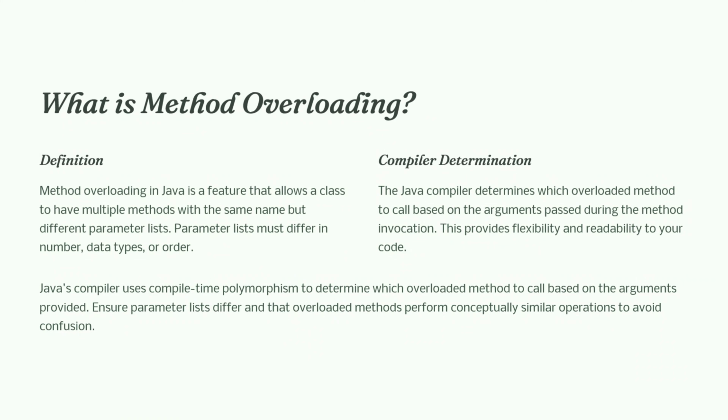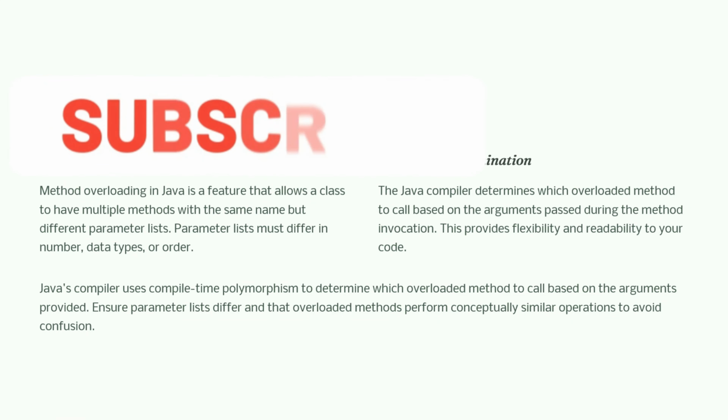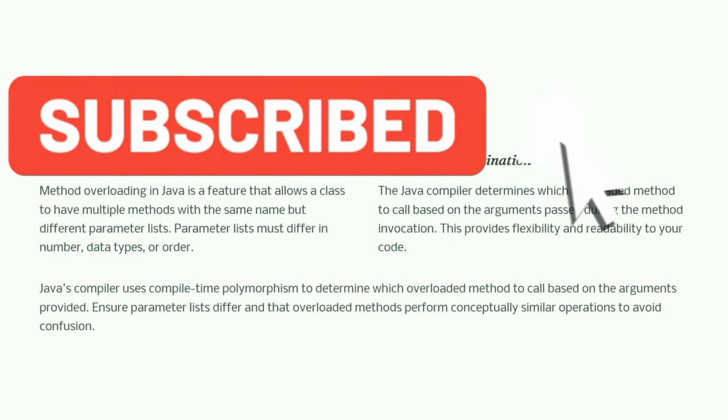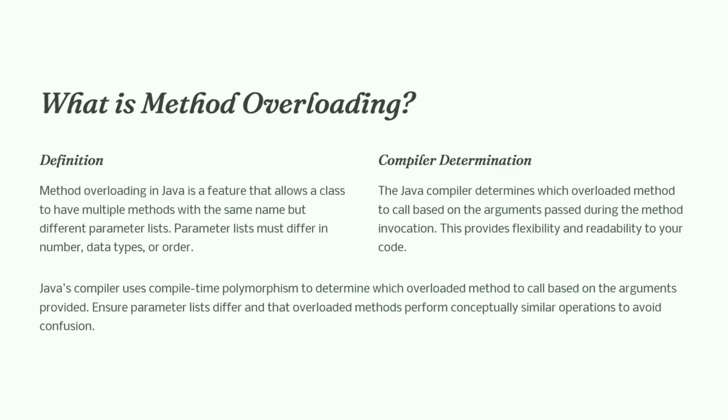This gives flexibility and readability to your code. As we said, this is part of polymorphism, called compile-time polymorphism, which detects your methods based on your arguments. So make sure you have a different parameter list with the same method name. Okay.